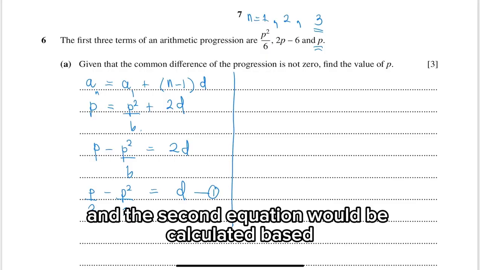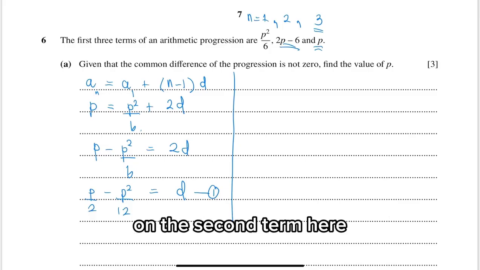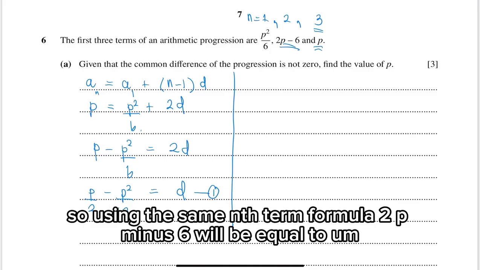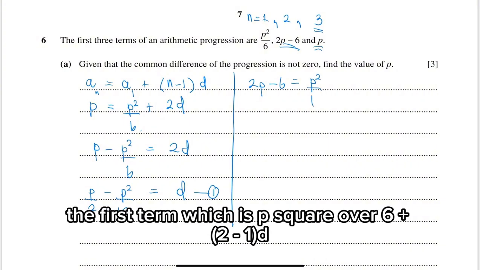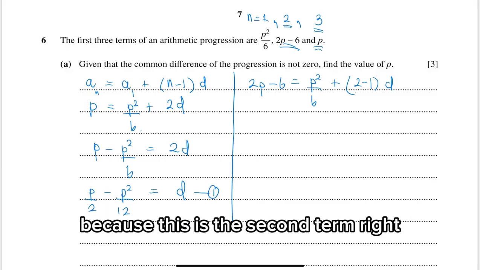And the second equation would be calculated based on the second term here. So using the same nth term formula, 2p minus 6 will be equal to the first term, which is p squared over 6, plus 2 minus 1 d, because this is the second term, right?